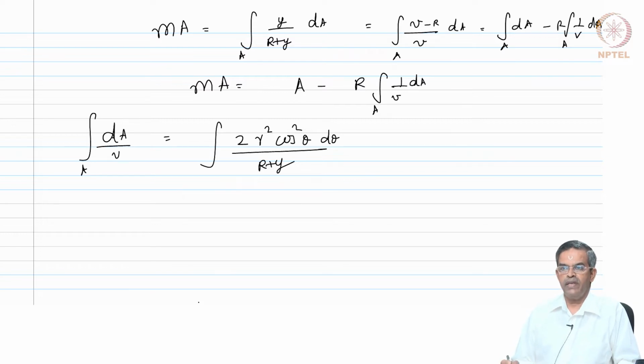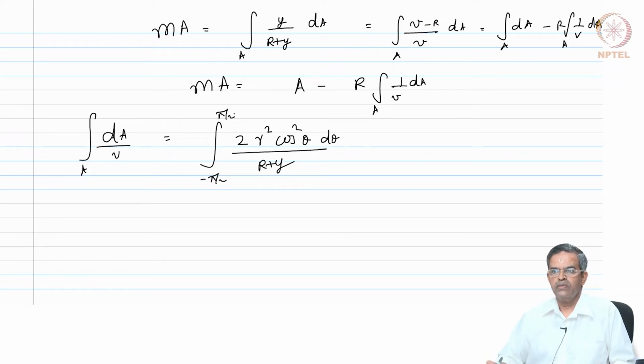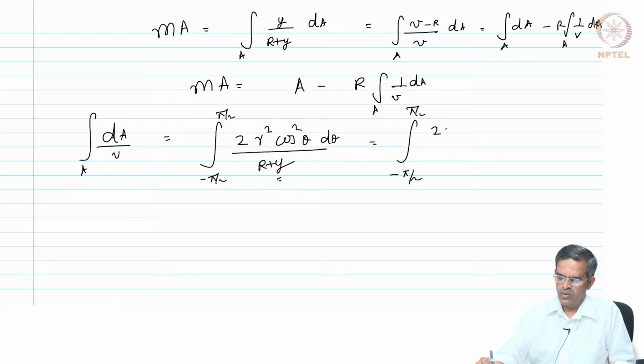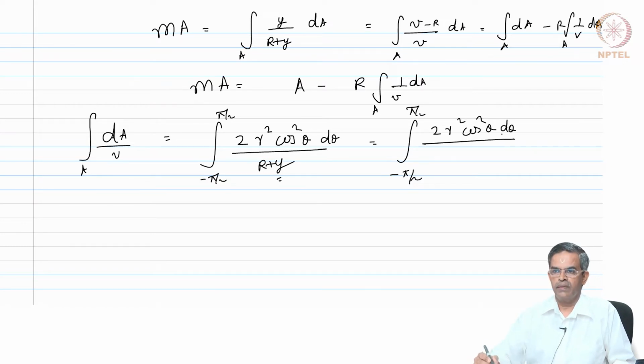Now, since I have changed the variable, I have to change the limits as minus pi by 2 to plus pi by 2. 2 r square cos square theta d theta by r plus r sin theta.